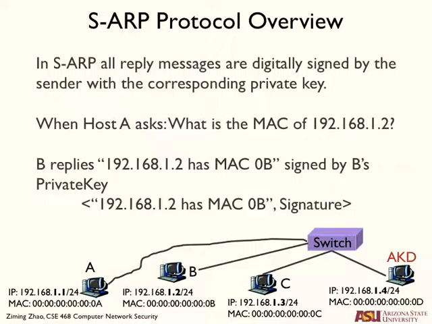So whenever there is an ARP request and an ARP reply, or another ARP reply someone sent proactively, all the ARP replies have to be digitally signed by the sender with its own private key. For example, when host A asks, what is the MAC address of 1.2, B will reply, 1.2 has this MAC address 0B, and B will sign this message with its own private key, which looks like this.